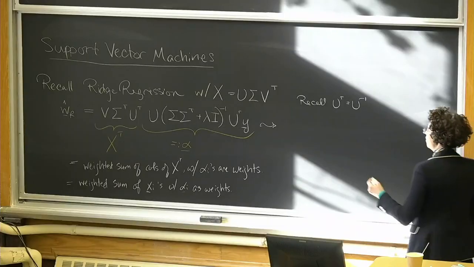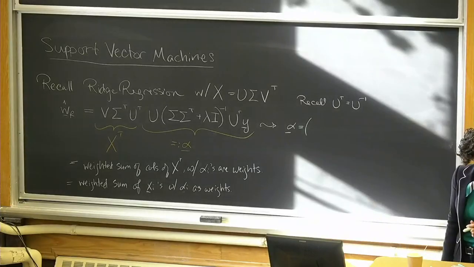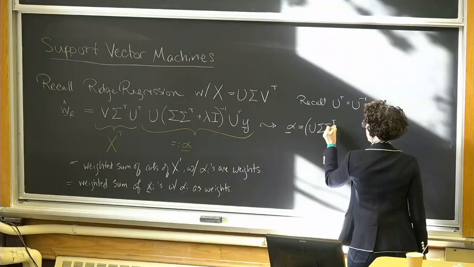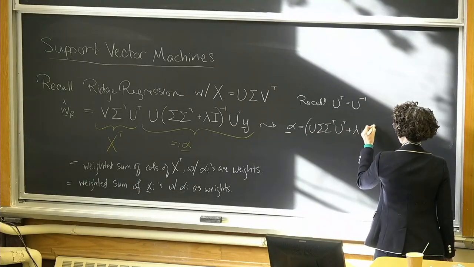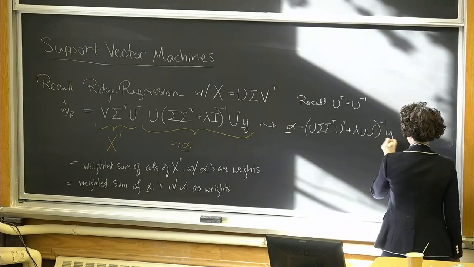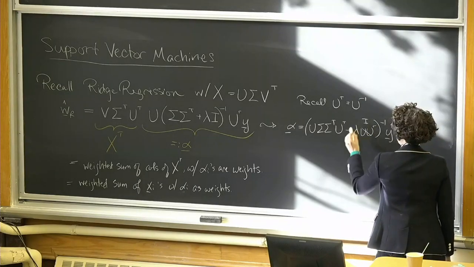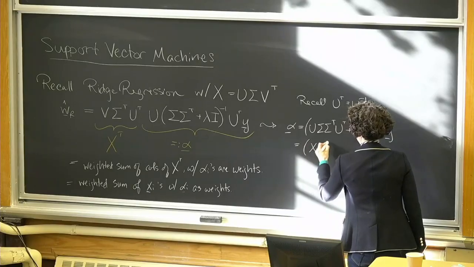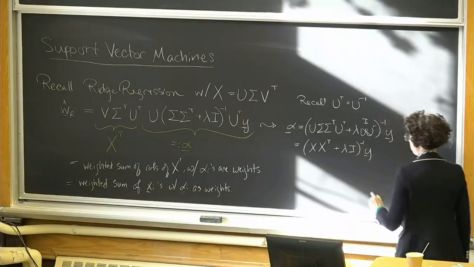And I can write alpha now as being equal to U sigma, sigma transpose, U transpose, plus lambda U transpose, inverse, times Y. And this is useful because this is still identity. But now I can think about this in terms of X. I can write this as X X transpose plus lambda identity inverse times Y.